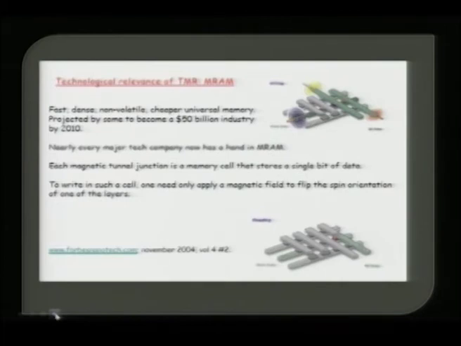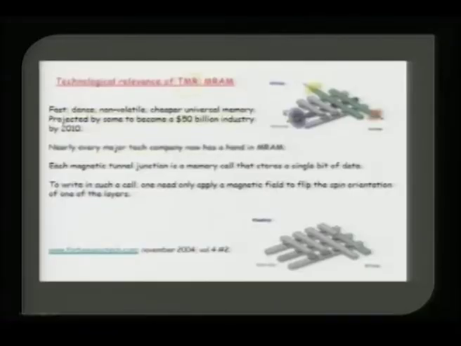Now what is the importance of TMR? As I told you earlier, the technological relevance of tunneling magnetoresistance is to produce magnetic random access memory. They are fast, dense, non-volatile, cheaper, and this is projected to become a $50 billion industry by 2010. We are almost realizing such a market trend as far as the TMR property is concerned.